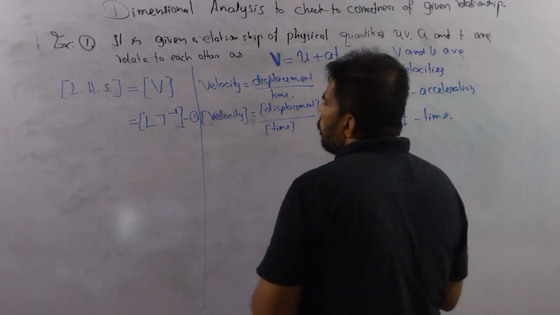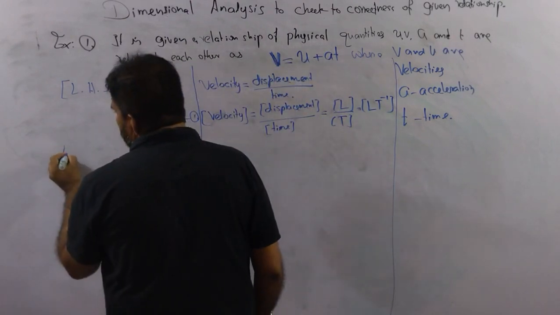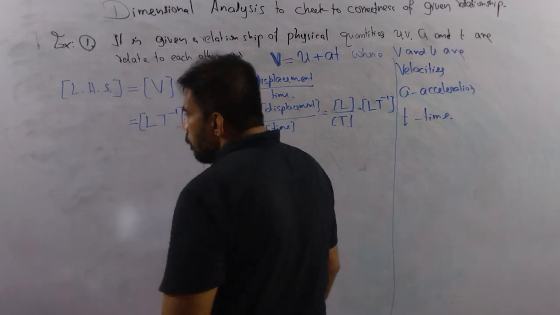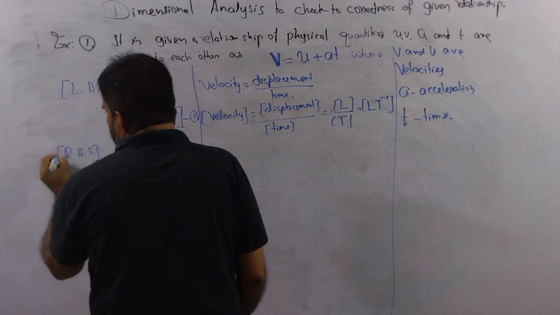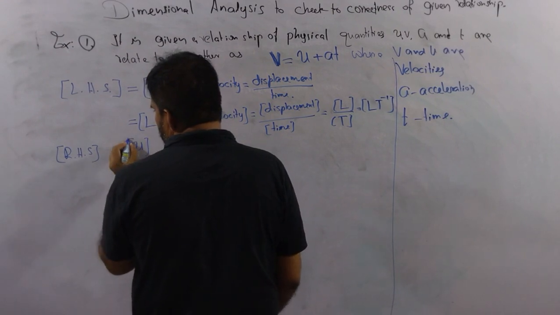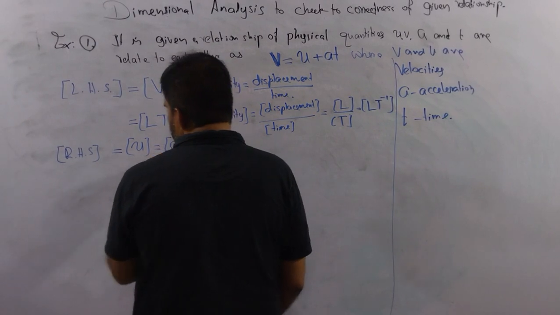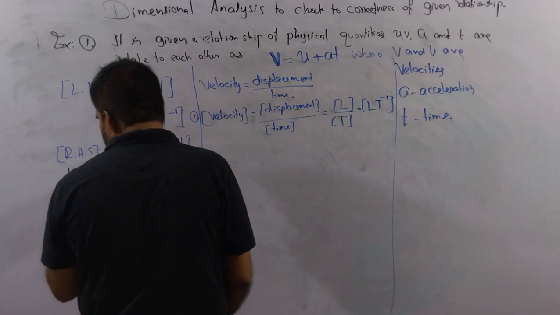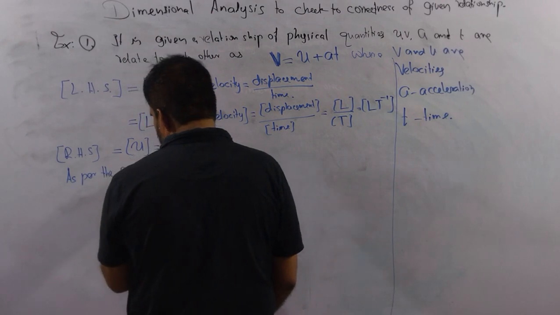Then the dimension of the right hand side. It should equal the dimension of U plus A T, as per the principle of homogeneity.